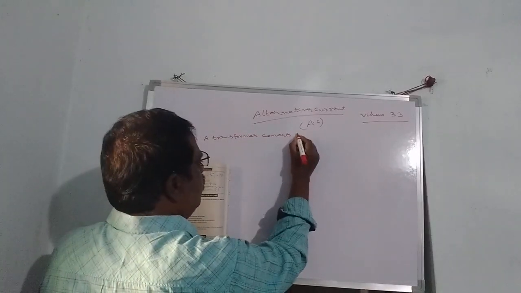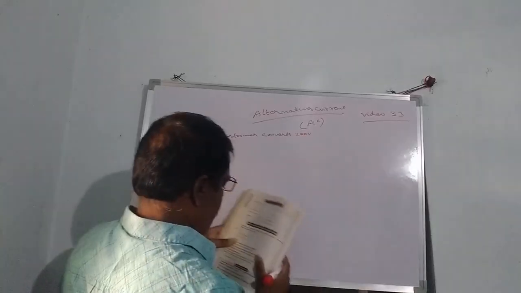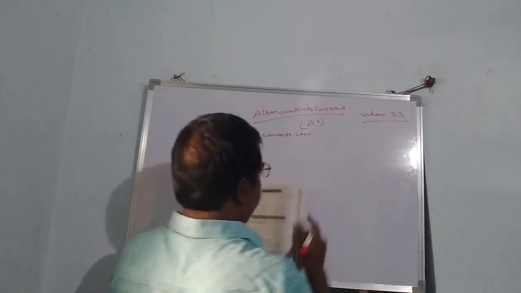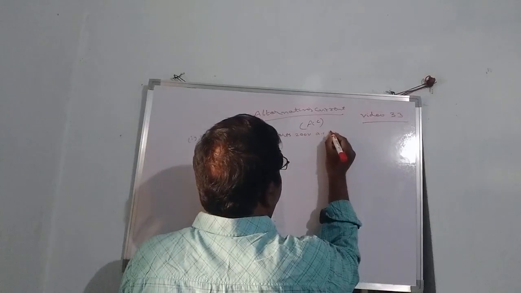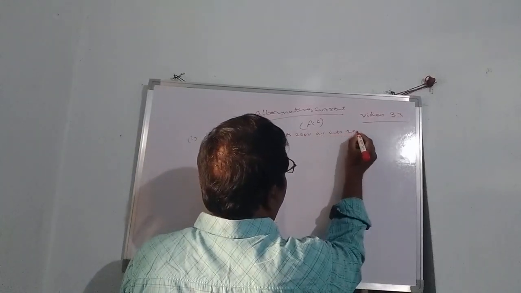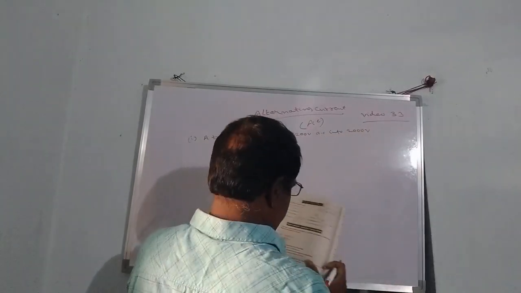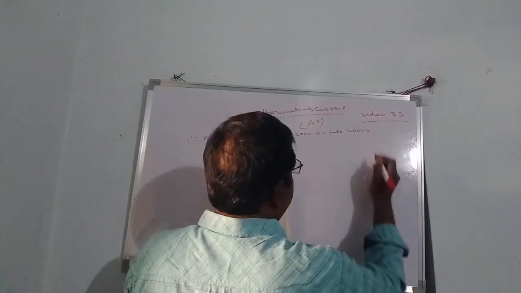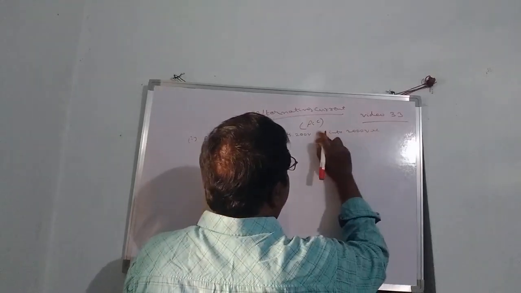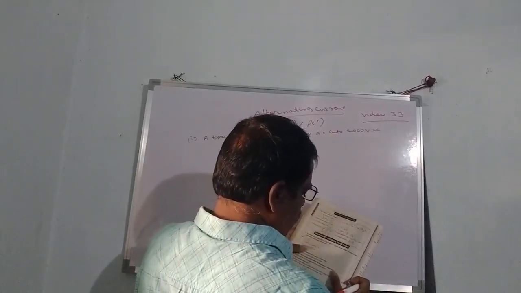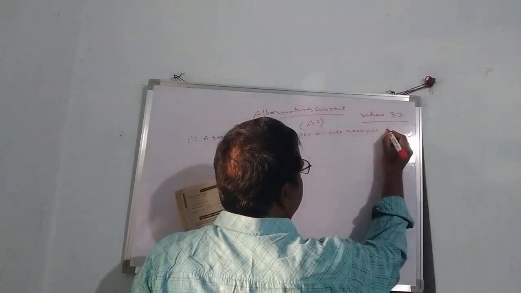A transformer converts 200 volts AC into 2000 volts AC.